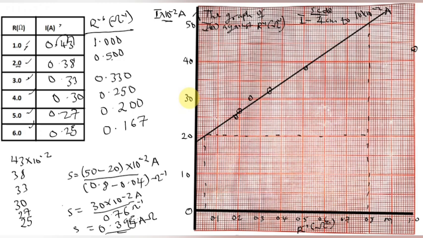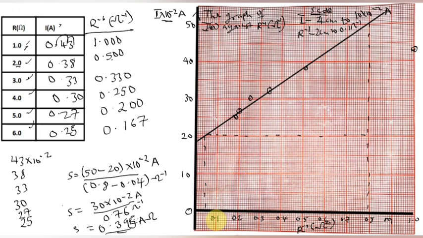Then on the R inverse axis, I'm using 2 cm. From here to here is 2 cm. That's 2 cm to 0.1 per ohm. So on the R inverse axis, 2 cm to 0.1 per ohm. Okay, so that's my scale.